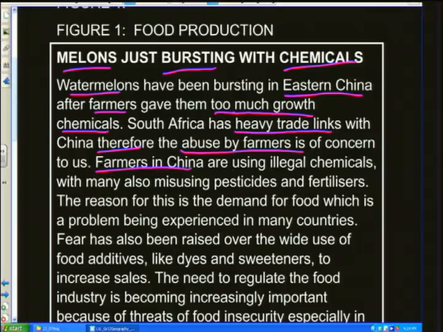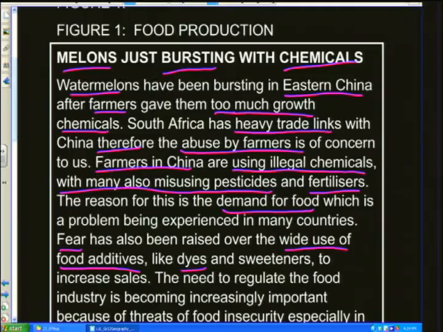Farmers in China are using illegal chemicals, with many also misusing pesticides and fertilizers. The reason for this is the demand for food, which is a problem being experienced in many countries. Fear has also been raised over the wide use of food additives like dyes and sweeteners to increase sales.